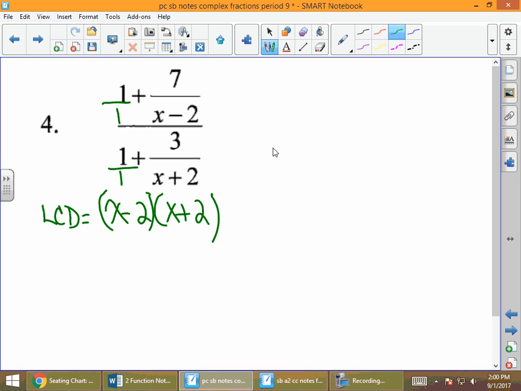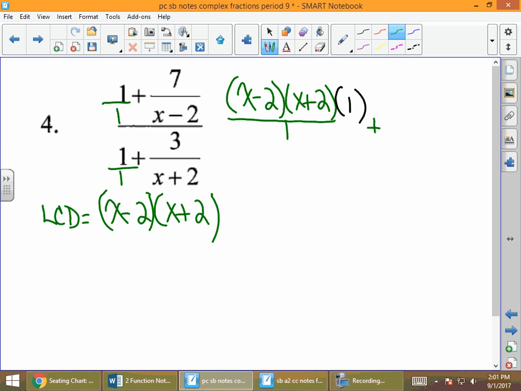But once we determine what the least common denominator is, we're going to take x minus 2 times x plus 2 times 1. Then we're going to take, and actually I can write that over 1. Then we're going to take x minus 2 times x plus 2 times 7 over x minus 2. We multiply each individual term by the least common denominator.